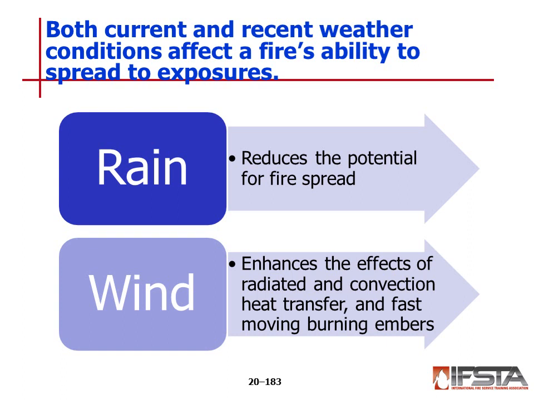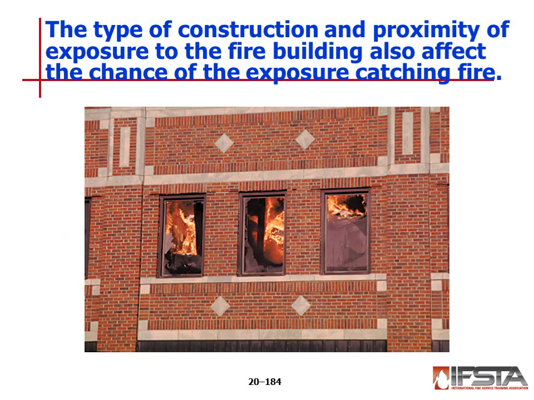Rain reduces the potential for fire spread. Wind enhances the effects of radiant and convection heat transfer and fast-moving burning embers. The type of construction and proximity of the exposure to the fire building also affect the chance of the exposure catching fire. For example, exposures with combustible exterior finishes have an increased risk of secondary fire involvement.